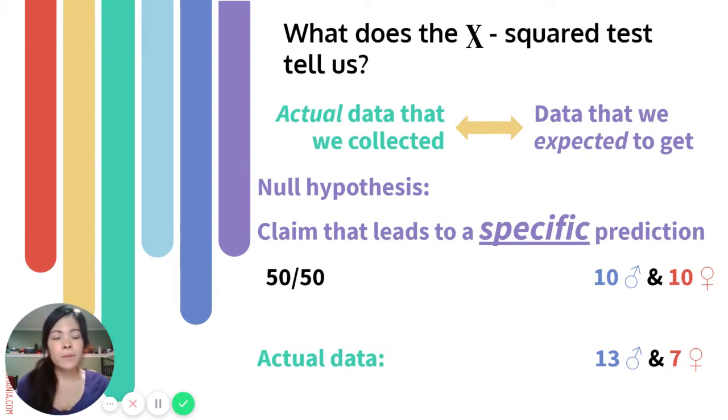So we can use the chi-squared test to tell us, given that we got this result, how likely is it that that's just because of variation in the population and it still fits with our 50-50 hypothesis? Do our data jive with that hypothesis, or does it seem really unlikely? That's what we're going to be figuring out.